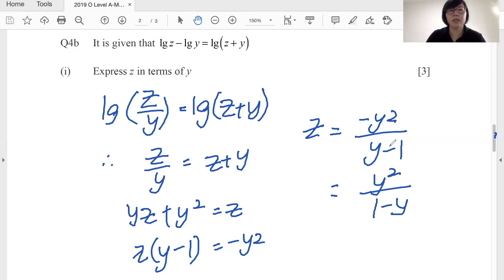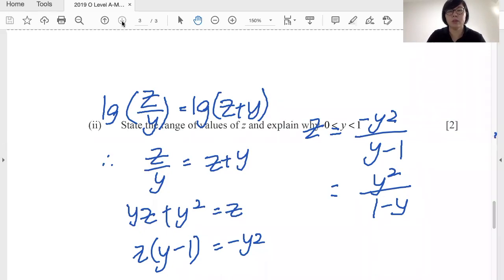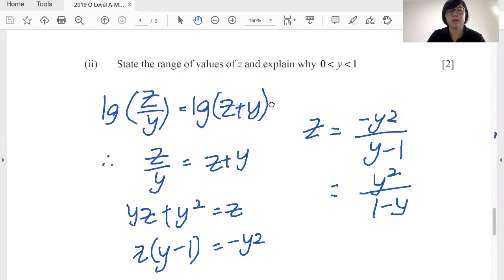Now with that, let us move to part 2 of this question. Let's see what the question is asking. State the range of values of z and explain why y is between 0 and 1.